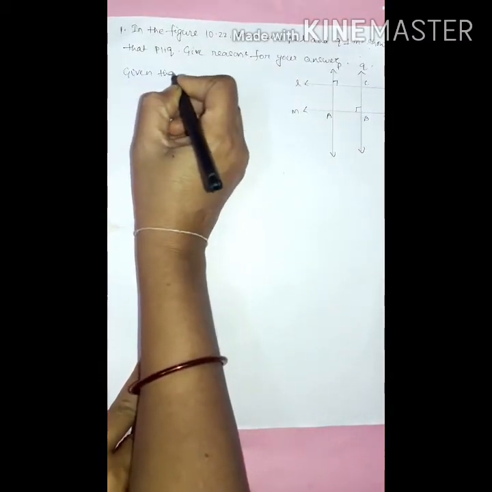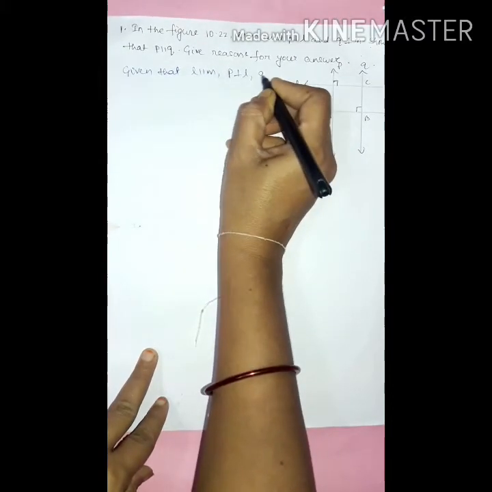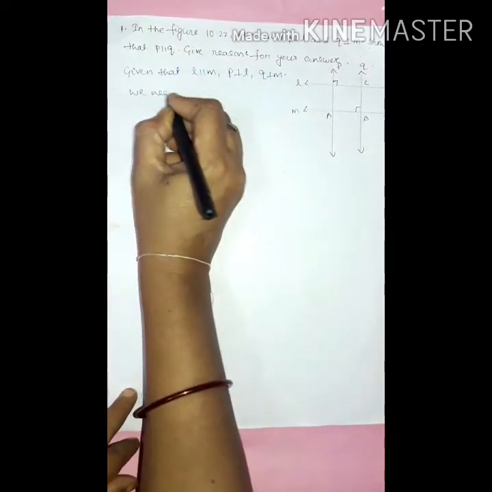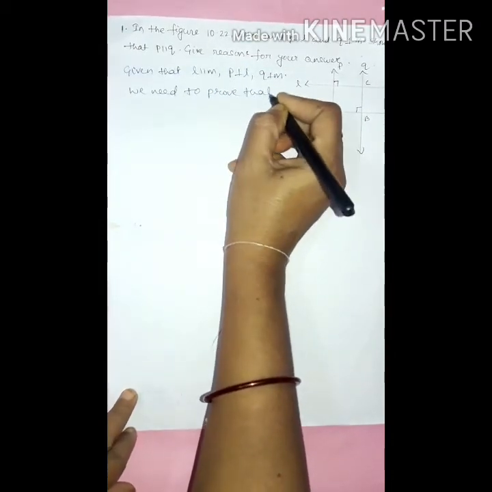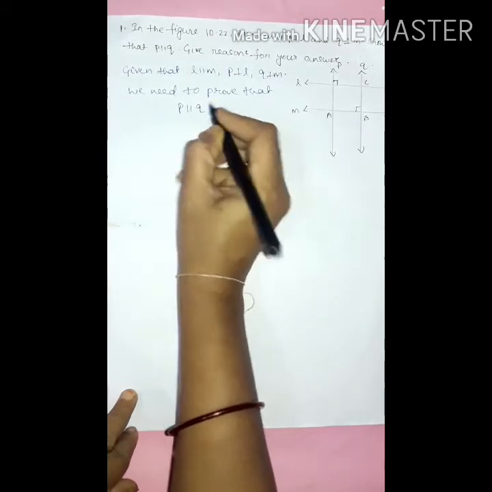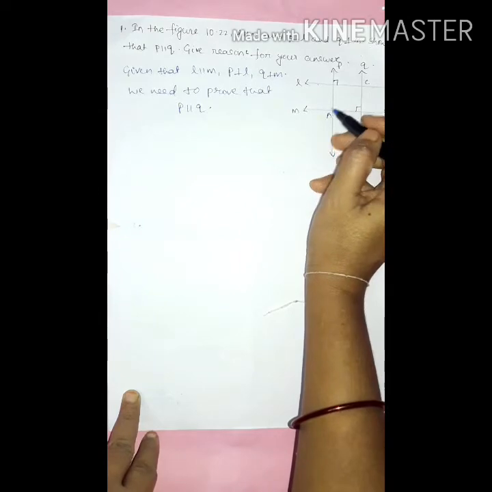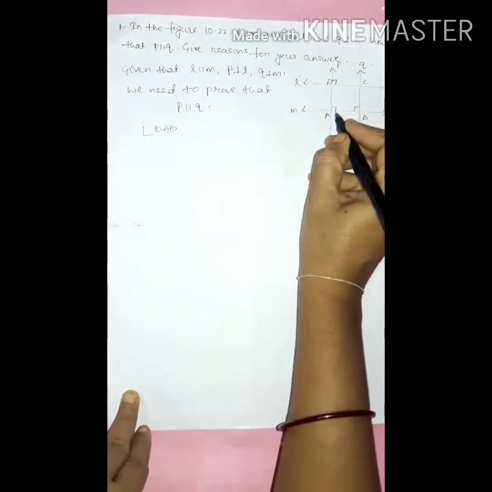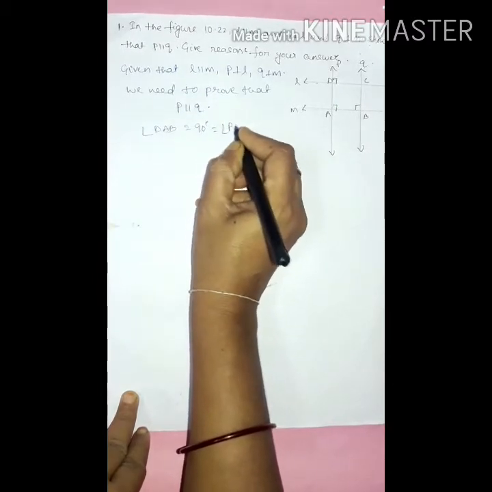Given that L is parallel to M, P is perpendicular to L, Q is perpendicular to M. So we need to prove that P is parallel to Q. Here P is perpendicular to L, and L is parallel to M. So angle DAB is also 90 degrees because corresponding angles are equal, equal to angle PDC.